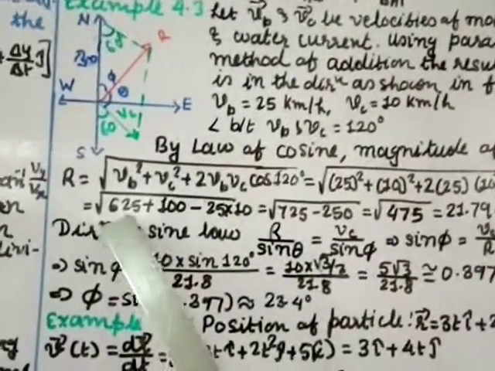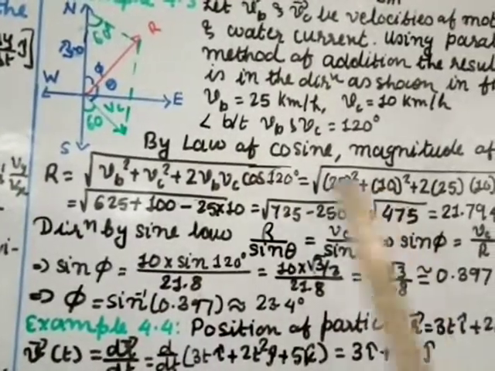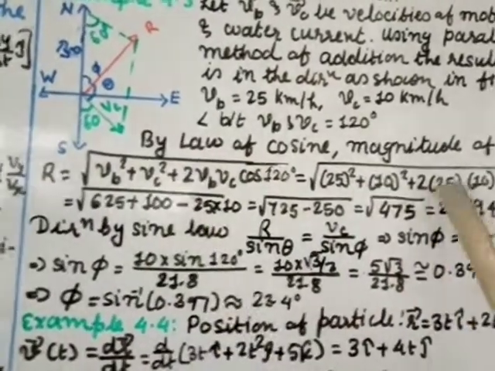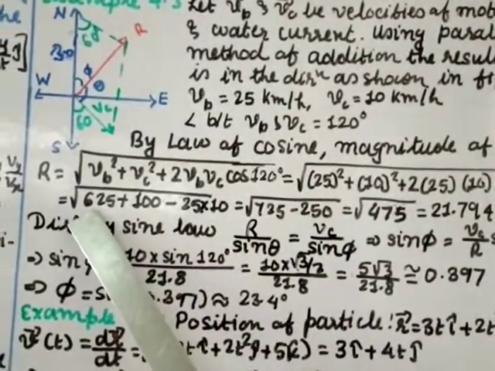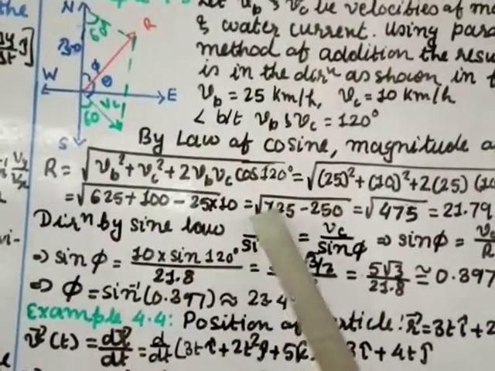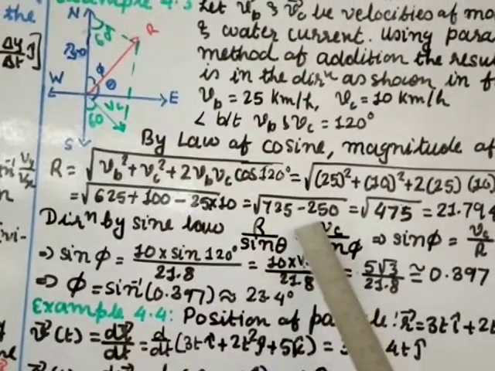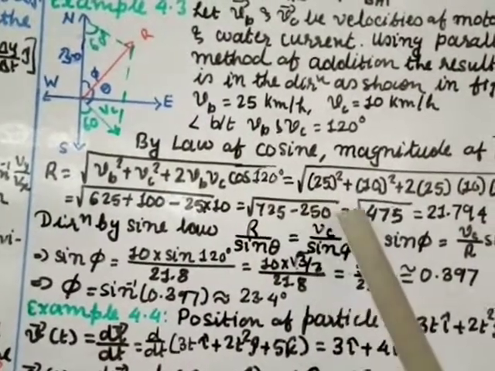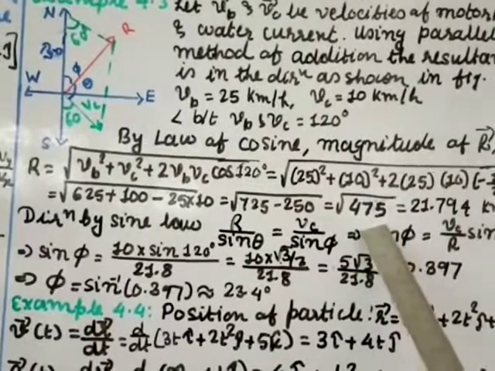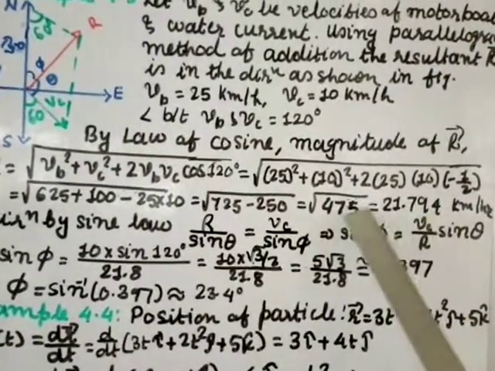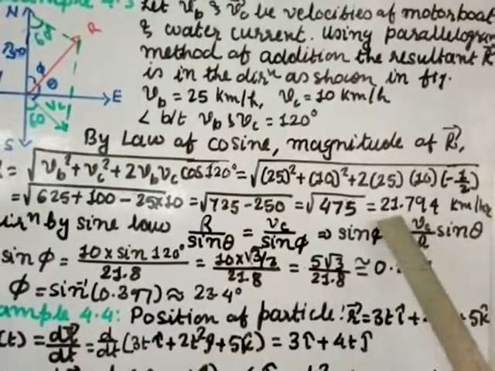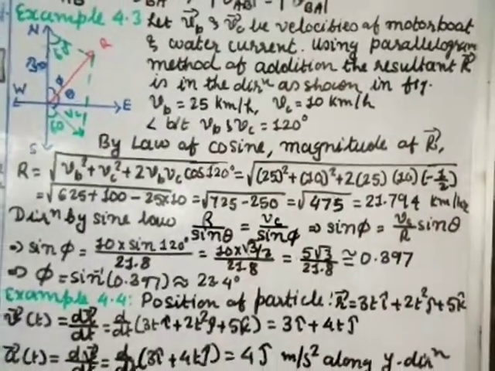So 25 square is 625, 10 square is 100, minus 25 into 10 remains. This sum is 725 and this multiplication is 250. The difference under the square root is 475. The square root comes to be 21.794. You can take approximately 21.8 km per hour.